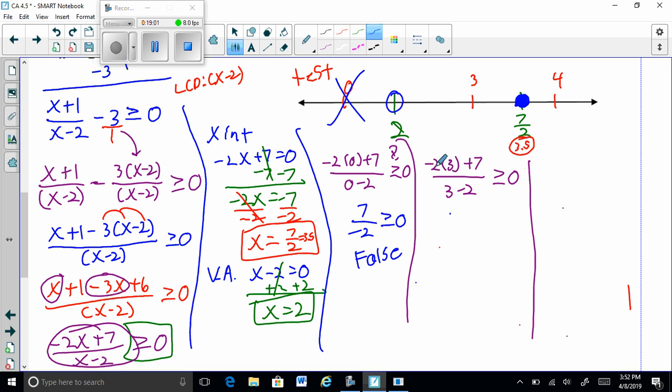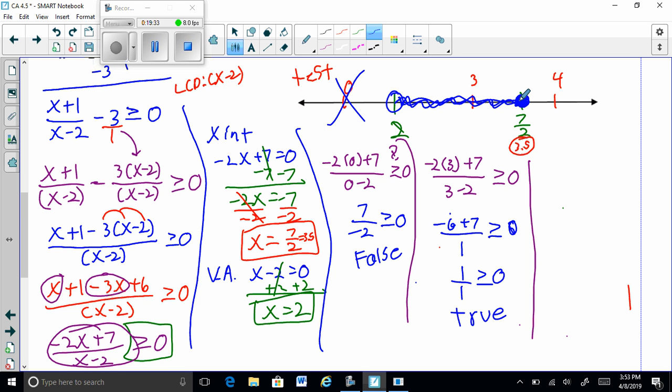So -2 times 3 is -6 plus 7. 3 take away 2 is 1. -6 plus 7 is 1. 1 over 1 is greater than or equal to 0. That is true. So 3 works. So we can go ahead and shade that subinterval right there. There we go.